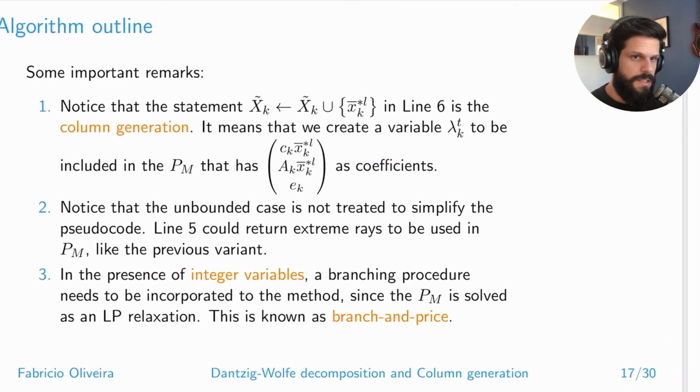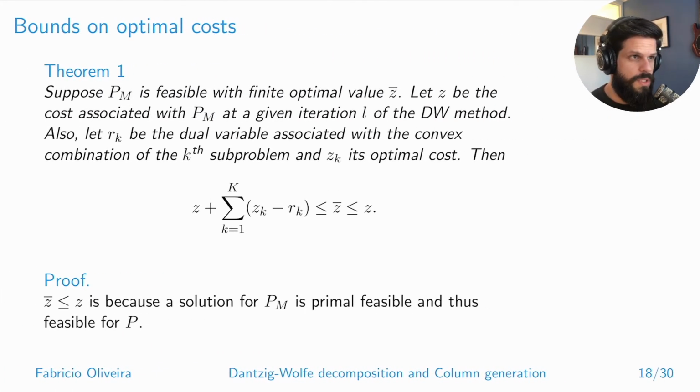Just to finalize this part, I wanted to bring you this result that is a way for you to keep track of the quality of the solution you have at any given point. So basically, this result is telling us the following. Suppose that we're trying to find this optimal solution value, and Z is the optimal cost of the main problem at the given iteration L. And suppose that we have our RKs, our dual variables, which are associated with those convex combinations.